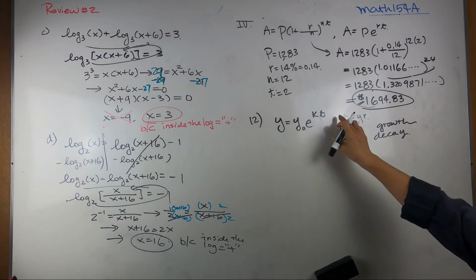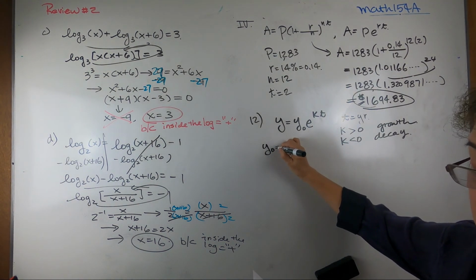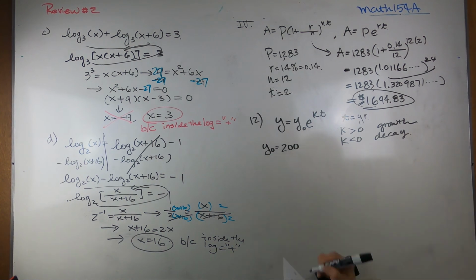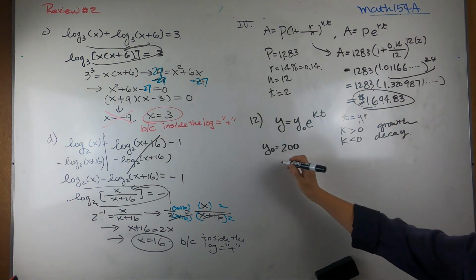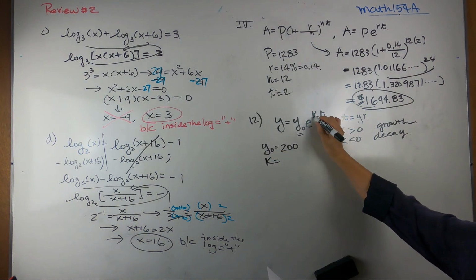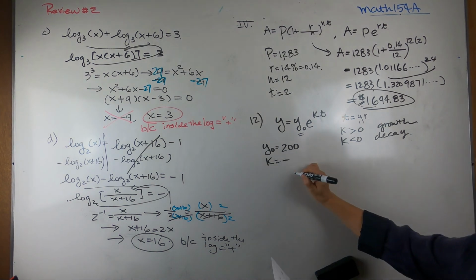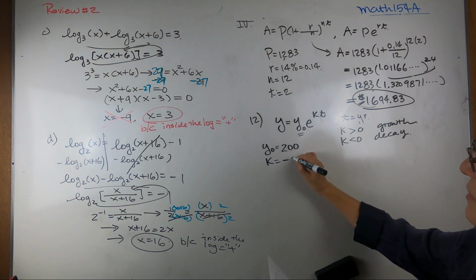So we have so many variables. What's your y sub 0 according to this? It started from 200 pounds, right? Then what's your k? It says it declines at a rate of 0.01%, so it's negative.